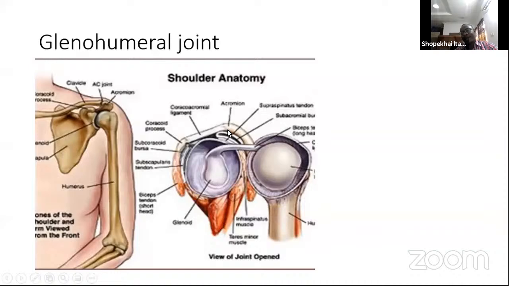Therefore, if there's any impingement, a bony spur, anything that reduces this potential space, it leads to tendon impingement. And sometimes where this tendon is inflamed, it gets swollen and then starts to rub against the acromion, and we have the tendinitis, and then you have the cuff tears and all of that.